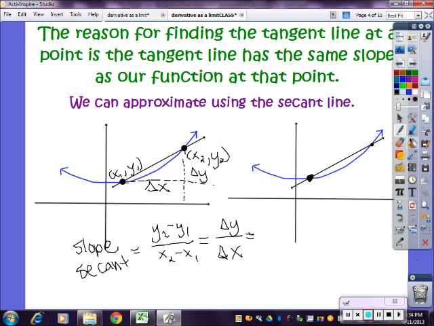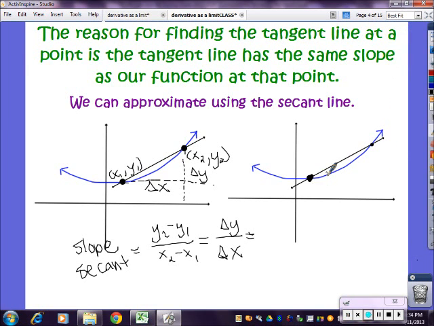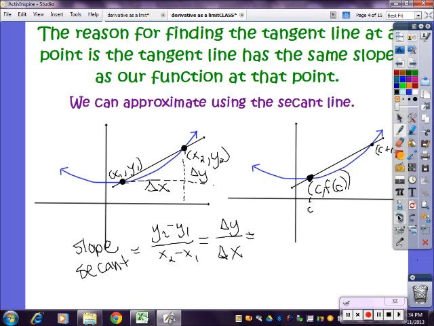Instead of x1, y1, I am going to say some constant c, and when I plug it into my function, I will get f of c. So this point is c, f of c. Then for the other point, I take the horizontal change, delta x, so it would be c plus delta x.